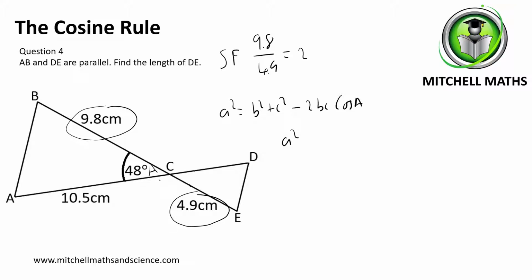I'm going to change that to A and label this side A, and I'll change this A to a C just for the purpose of the formula.